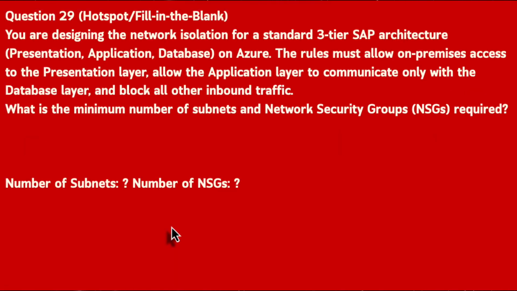You are designing network isolation for a standard 3-tier SAP architecture: presentation, application, database on Azure. The rules must allow on-premises access to the presentation layer, allow the application layer to communicate only with the database layer, and block all other inbound traffic. What is the minimum number of subnets and network security groups required?